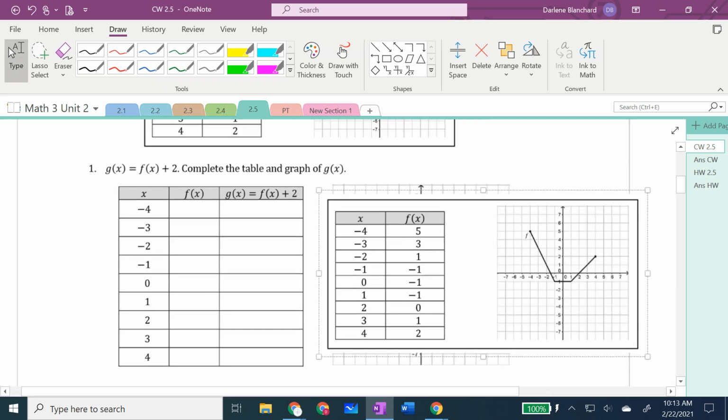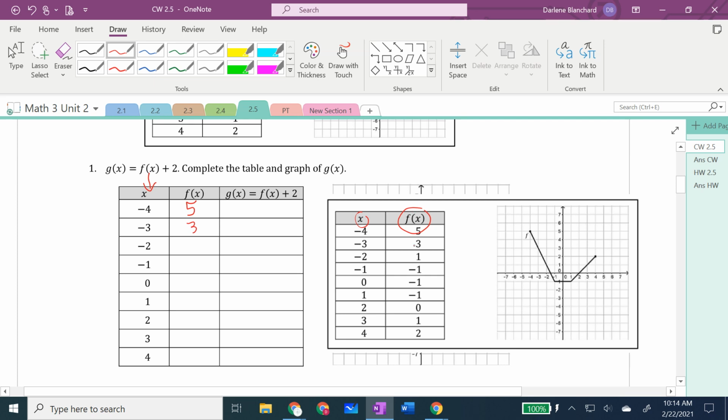And we're going to always start with the table. So with the table, we know that if these are the x values, that creates these f of x values. So -4 gives me an f of x that is 5. -3 gives me 3.